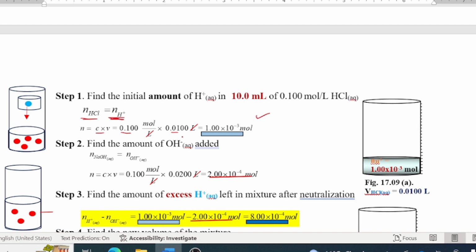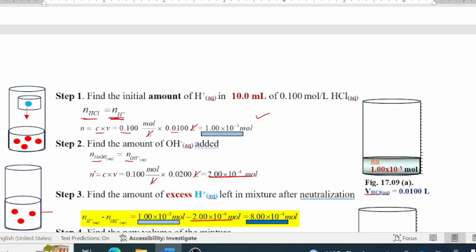Now you find the number of moles of OH. Here again, because it's a strong base, 1 mole of this will ionize to give you 1 mole of that. So the number of moles of OH will be exactly equal to the number of moles of OH ions inside here.